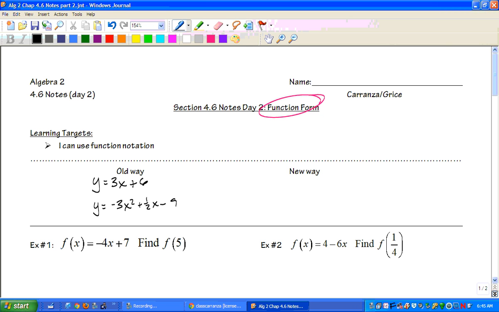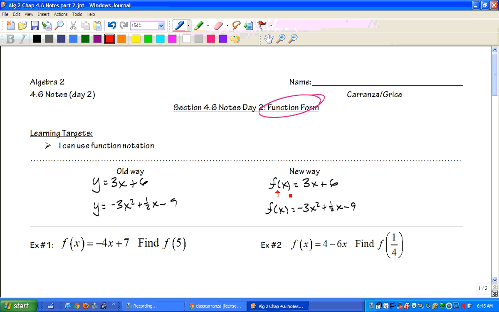Function notation looks just a little different, where it says f of x equals 3x plus 6, or f of x equals -3x squared plus 1/2 x minus 9.